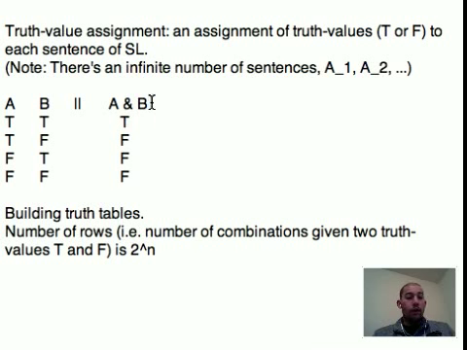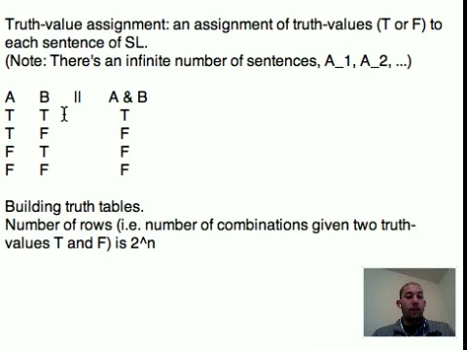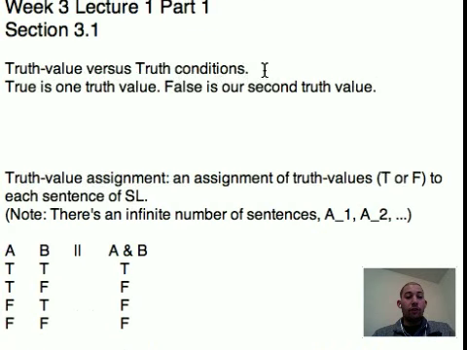This truth table tells us what the truth conditions for a conjunction are. In other words, depending on how the truth values are combined, the complex sentence will have a particular truth value. So the truth conditions specify the truth value of the complex sentence given the different conditions of the atomic sentences.